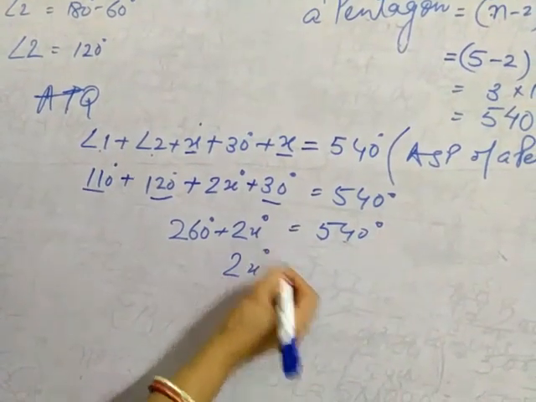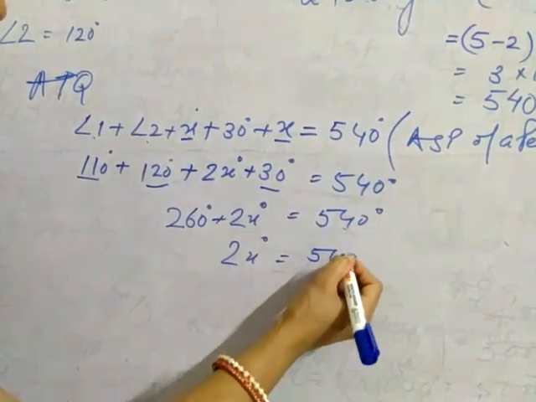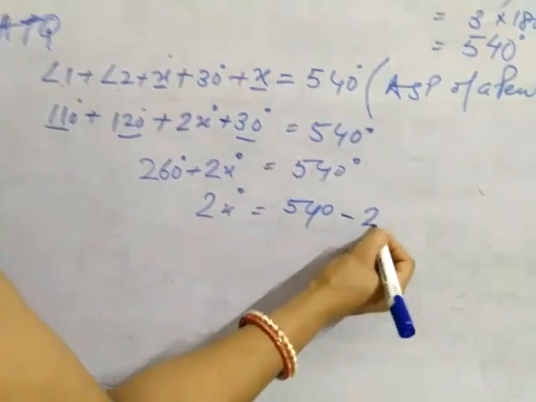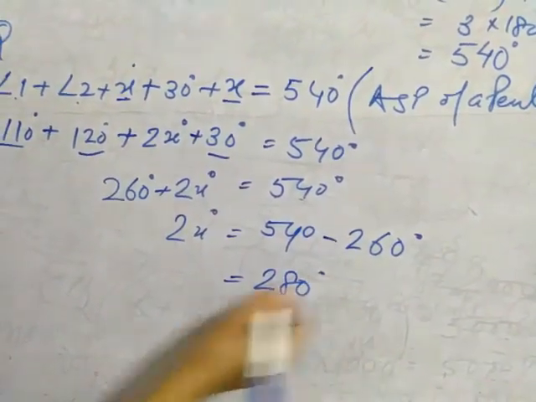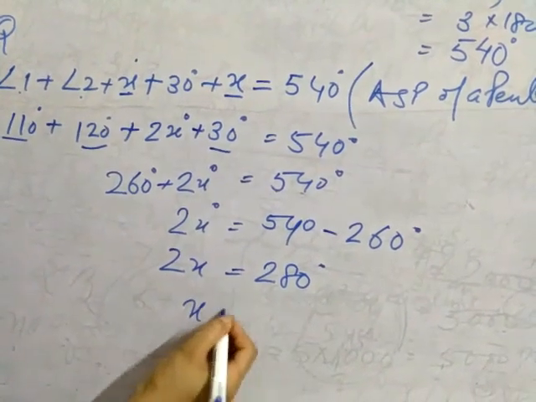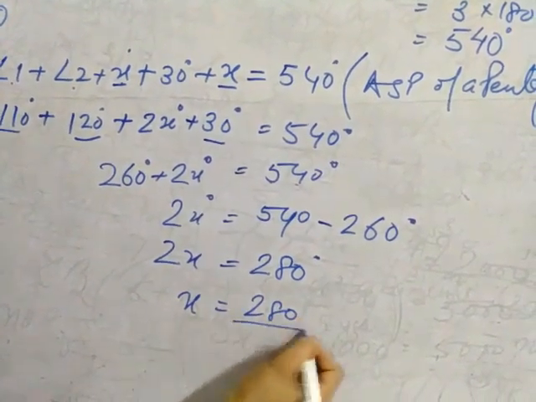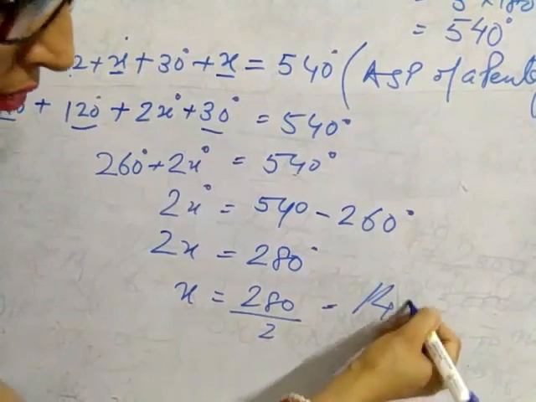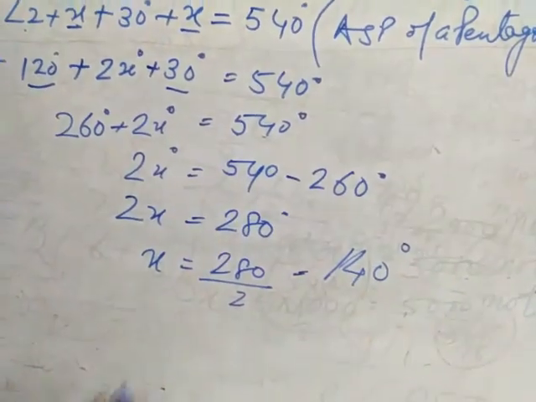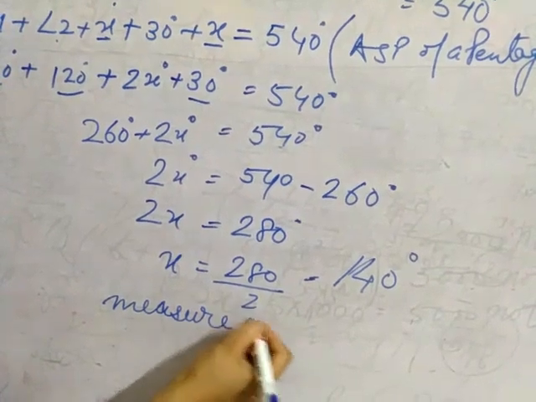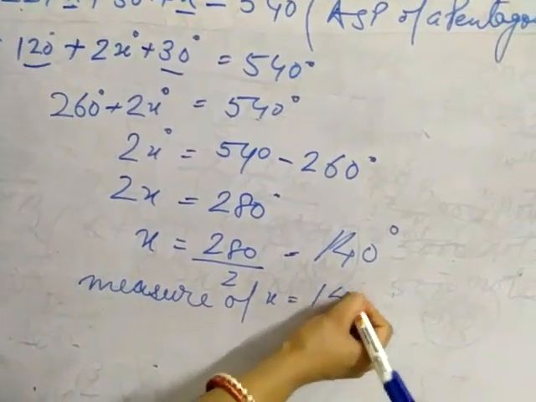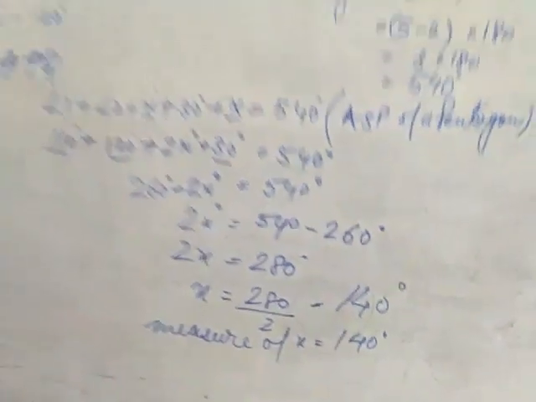So 2x degree is equal to 540 minus 260, that comes out to be 280. So x is equal to 280 by 2 and that's equal to 140 degree. So x was asked, so the measure of x is equal to 140 degree.